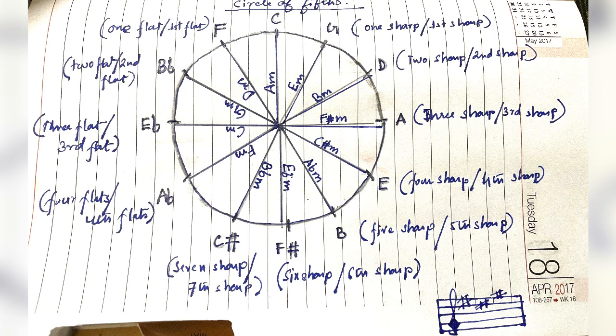B has five sharps, and in the staff notation, if you see at the bottom of your page on the right hand side, I have given you an example of a treble clef, which I will explain. If you want to learn, write in the comment section below. You can start a series on the staff notation as well.